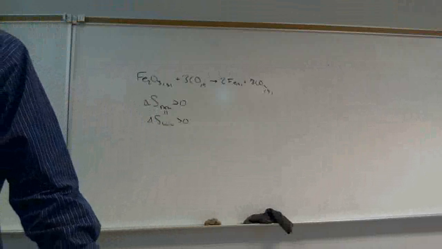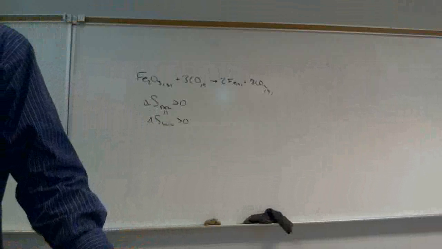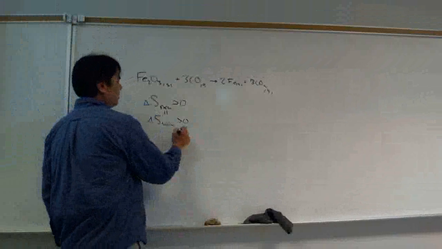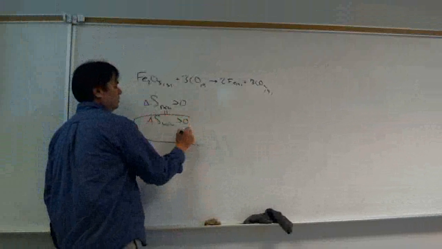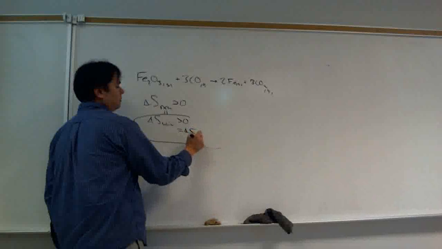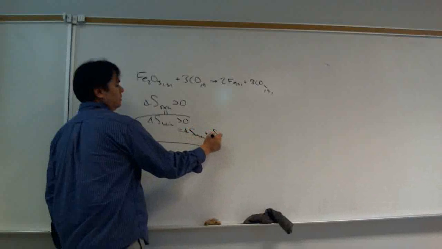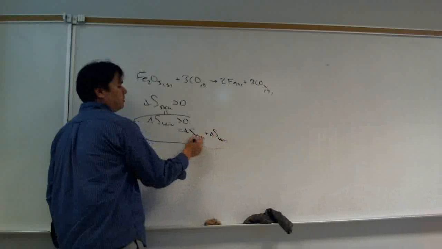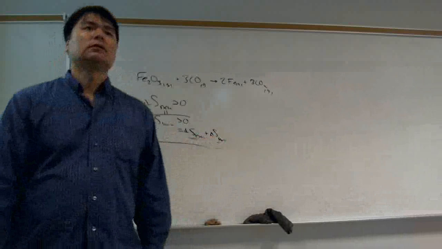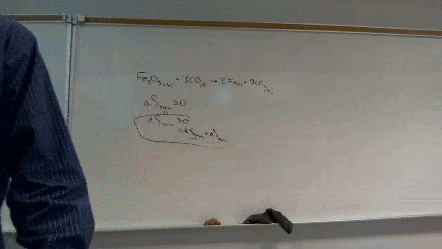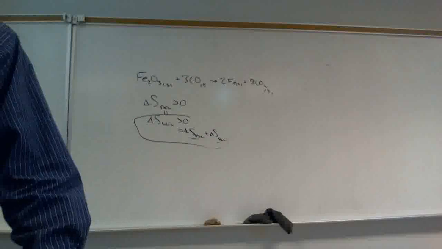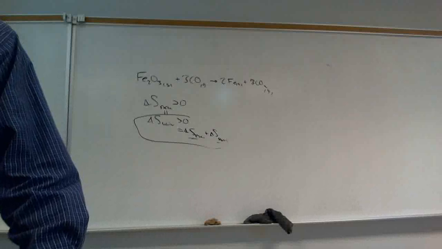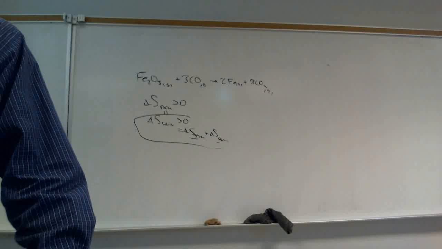Delta S takes the surroundings into account. Delta S of the universe equals the reaction plus the surroundings. We don't know what's happening with the surroundings. So it can't be true. It might be true, but we need more information.